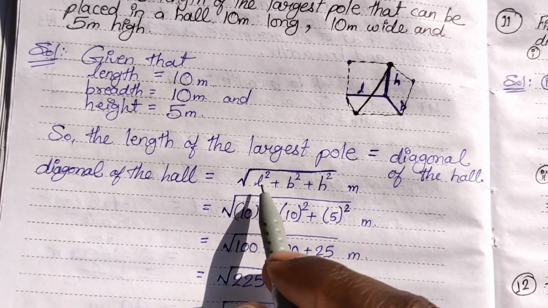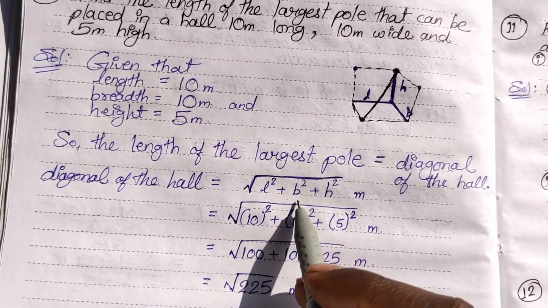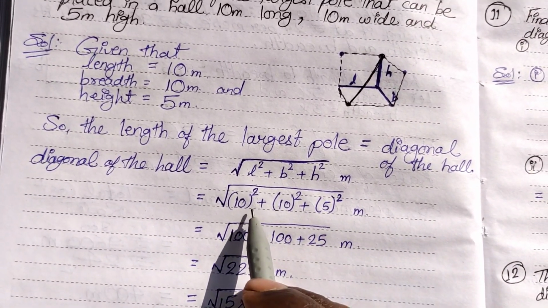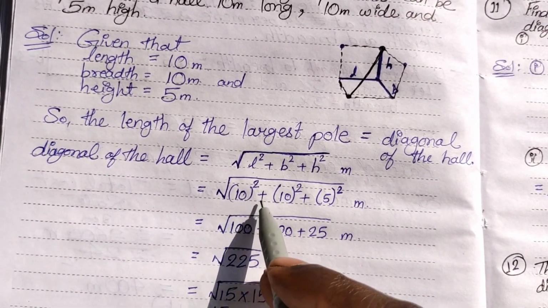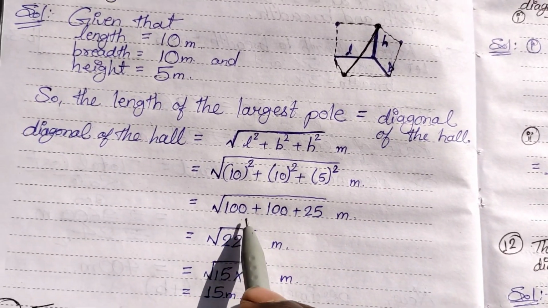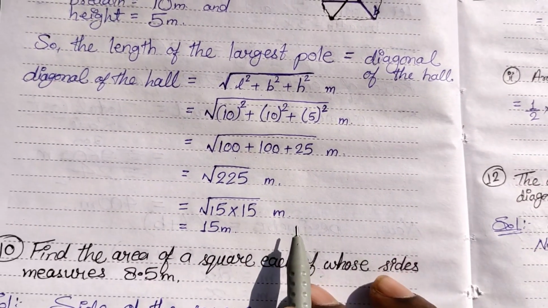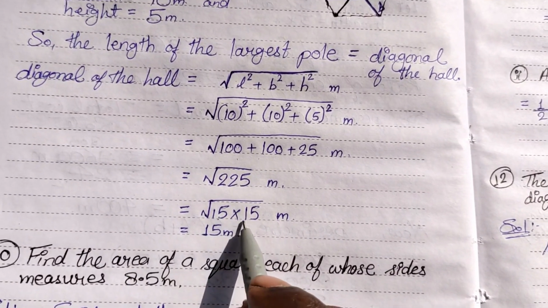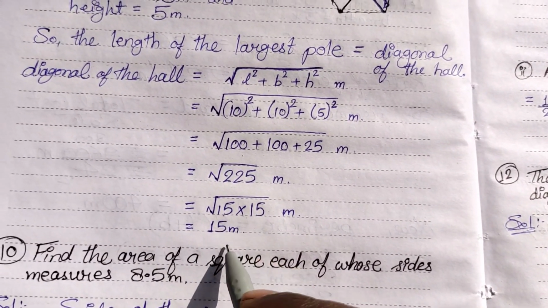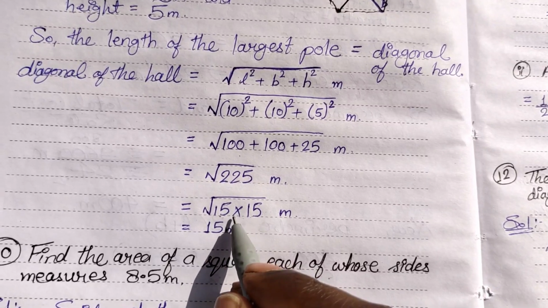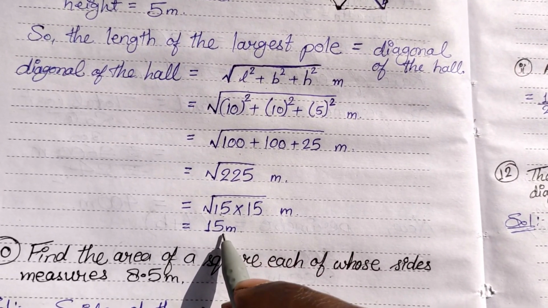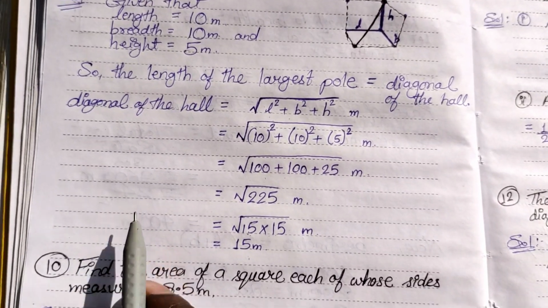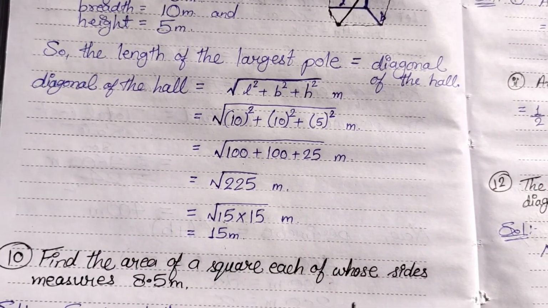So put the values: 10 square plus 10 square plus 5 square, we have 100 plus 100 plus 25, we have 225. Now 225 is 15 into 15, so pull out one element, that is 15. We have the diagonal of the hall equal to 15 meter.